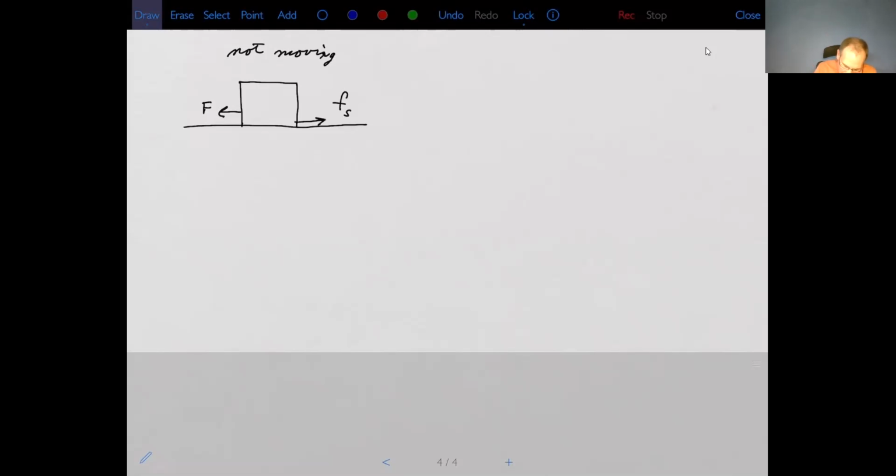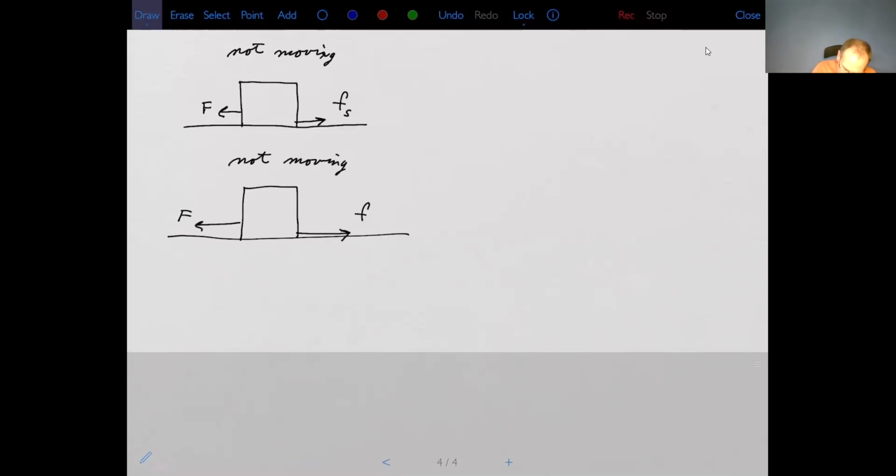And then if I pull harder, so again, let's assume it's still not moving. So this object, the box or the cart is not moving. Let's say I pull harder now. Then it turns out that static frictional force is going to increase to balance out the force I'm pulling with.